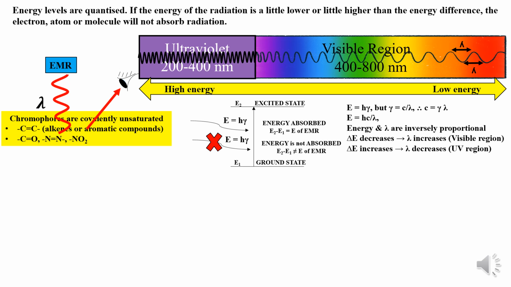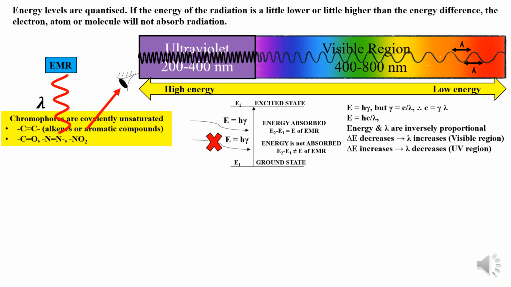Now the equation for the energy of the electromagnetic radiation is given by E equals h mu, where E stands for the energy of the electromagnetic radiation, h is Planck's constant, and mu represents the frequency of the electromagnetic radiation. But the frequency is equal to c by lambda, where c is the velocity of light and lambda is the wavelength of the radiation.